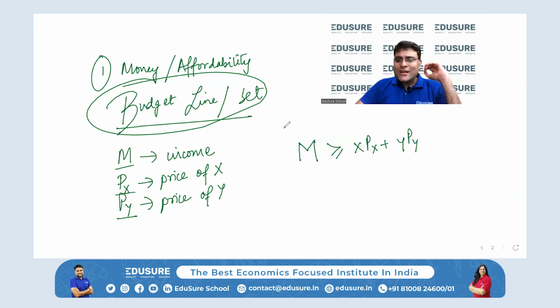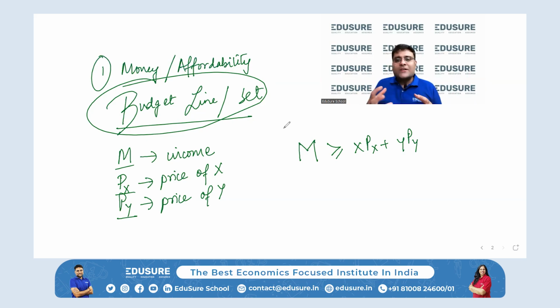There is no question of a loan, there is no question of lending and then getting the money back in the next model. There is no year 1, year 2, year 3. We are talking about a single point of time. In this point of time, the money income is M and the expenditure is XPX plus YPY.